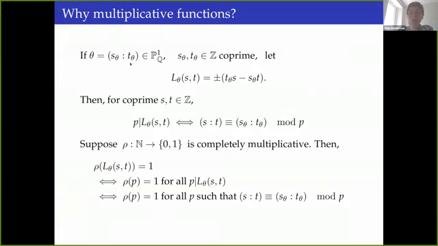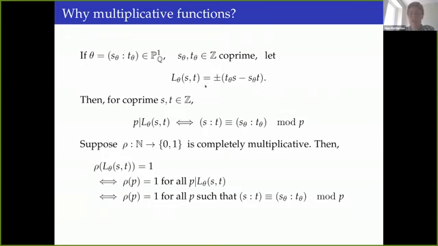If you write it in primitive coordinates, meaning s and t are integers that are coprime, you can attach to this point a linear form that vanishes at this point. So the linear form, if you choose a primitive one, is of the shape as written here.